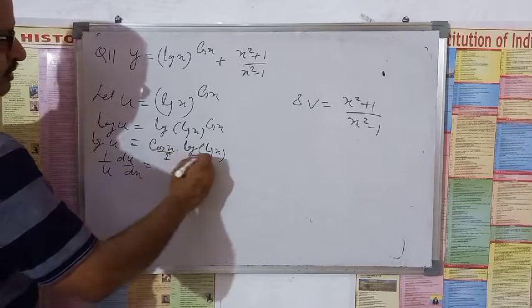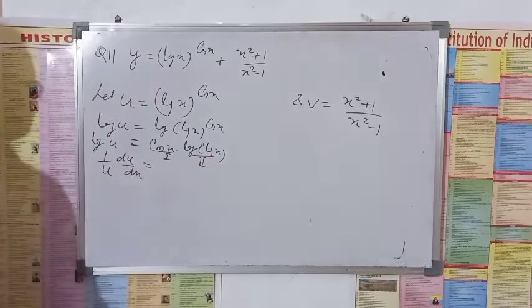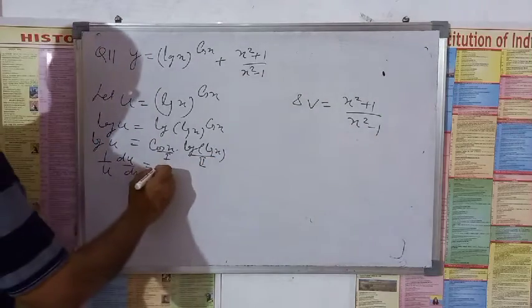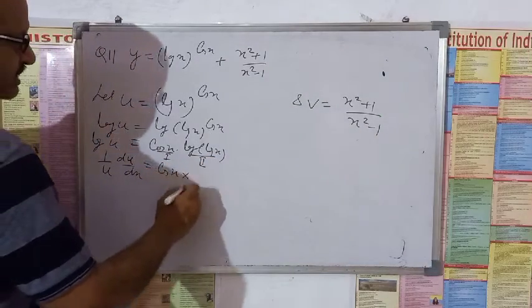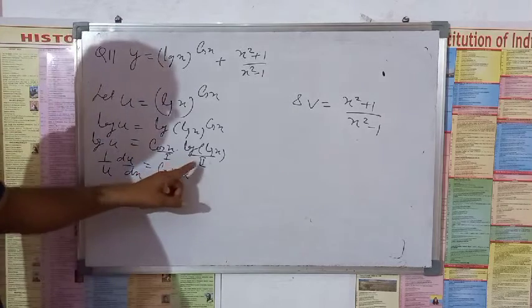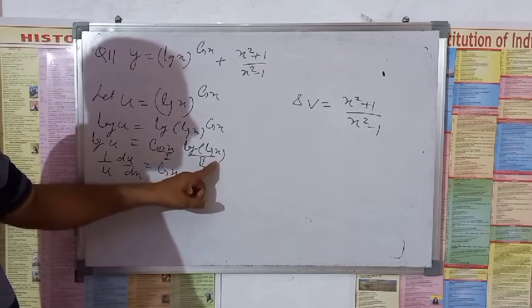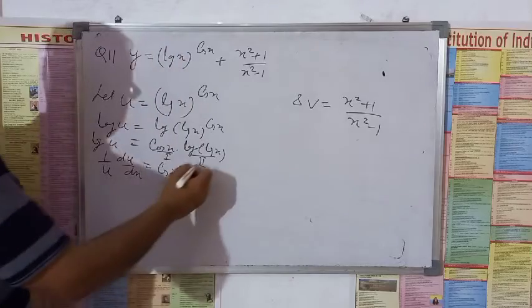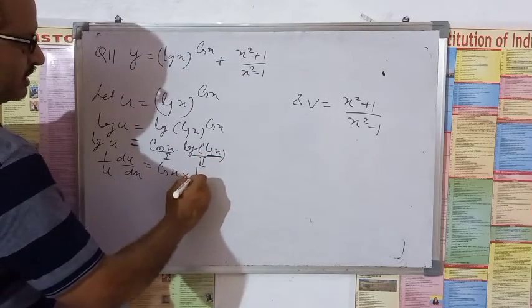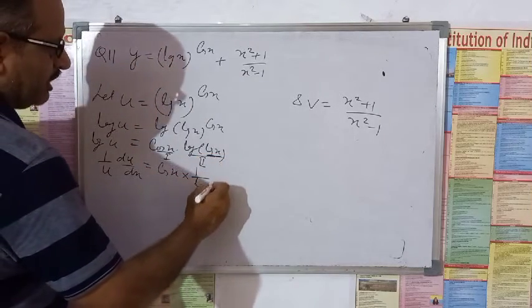Use here product rule. First function, second function. So first function is cos x and derivative of this one. Derivative of log x is 1 upon x. In place of x, log x is there. So it is 1 by log x.